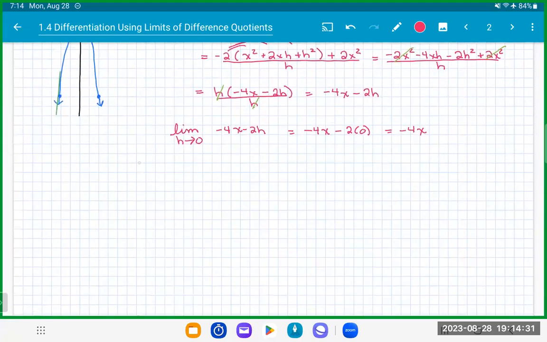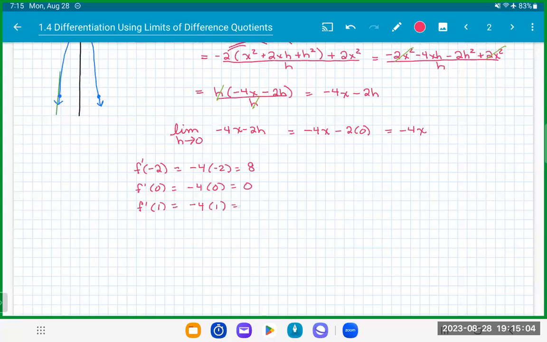So for that part, f prime of -2 is equal to -4 times -2, which is +8. Okay. f prime evaluated at 0 is -4 times 0 equals 0. And f prime at 1 equals -4 times 1, which is -4.